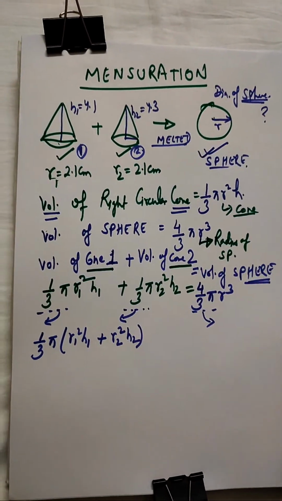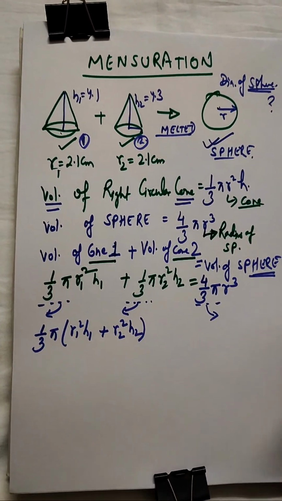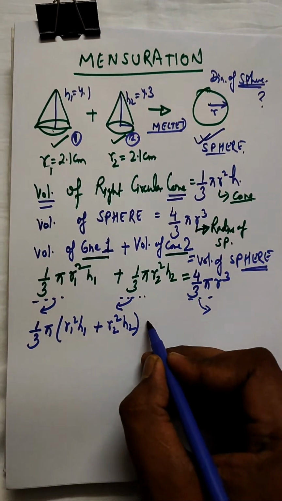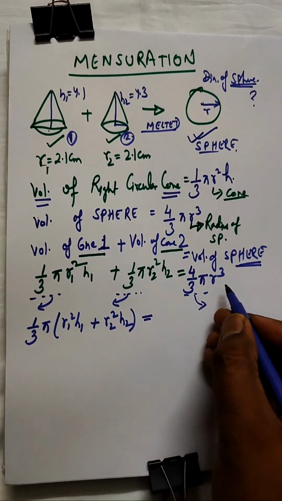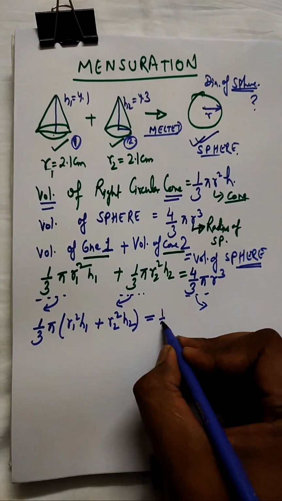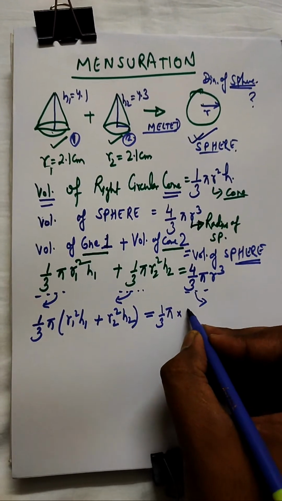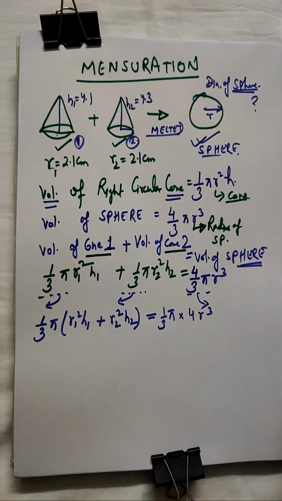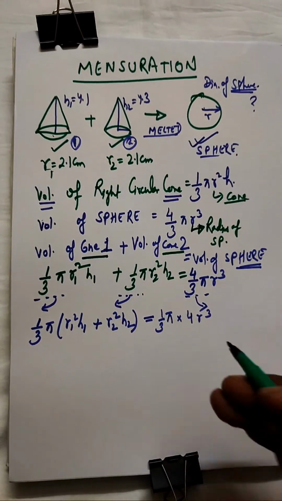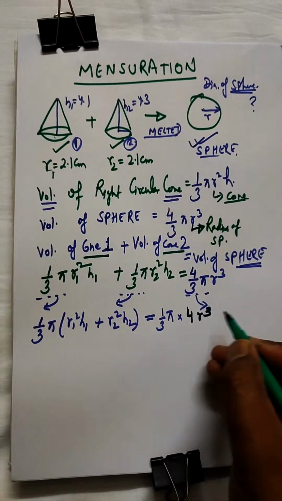We have taken 1 by 3 pi as common, right? This will be equal to 4 by 3 pi r cube. So just write 1 by 3 pi separately. This will be multiplied by 4r cube, right?